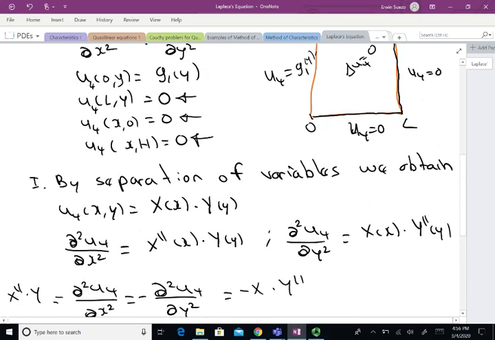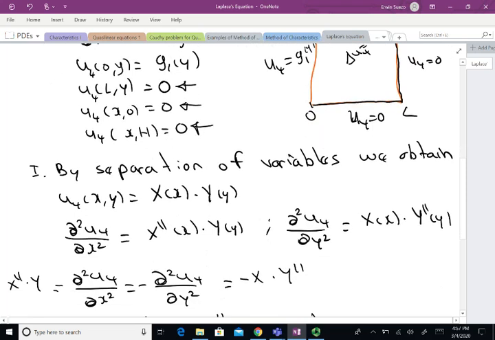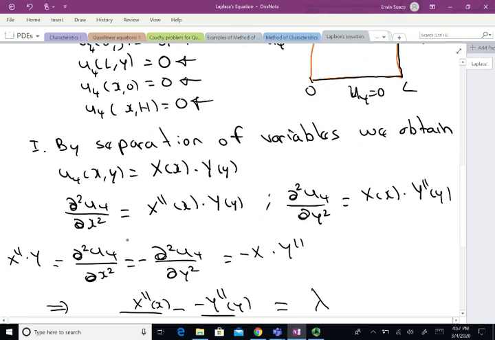So by the equation, if you move the second derivative of u4 with respect to y to the right hand side, you obtain X double prime times Y equals minus X times Y double prime.